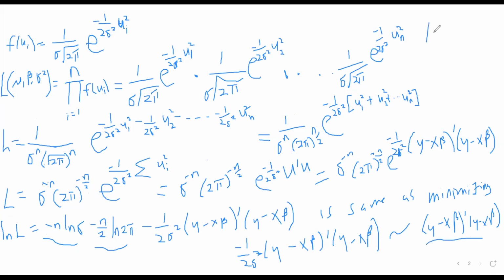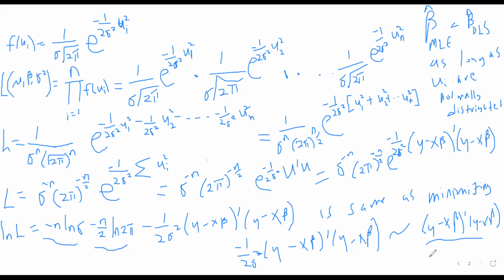So we conclude that beta hat MLE will be the same as beta hat OLS as long as the errors u_i are normally distributed. Remember, we use the normal distribution to derive it. So remember this, beta hat OLS is the same as beta hat MLE.